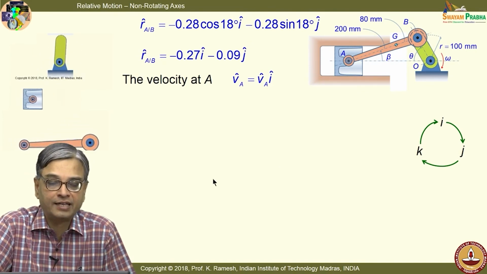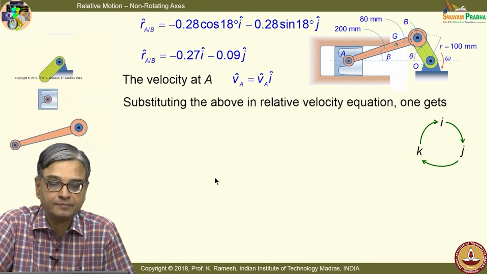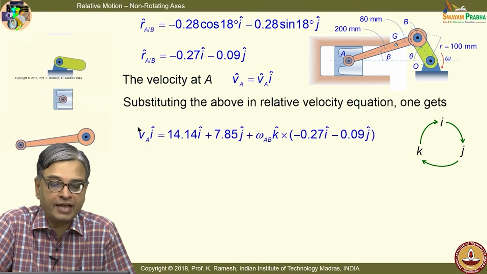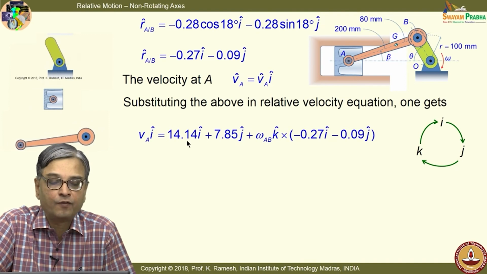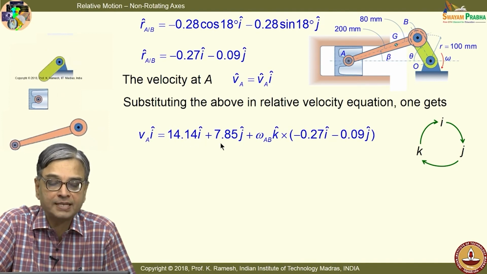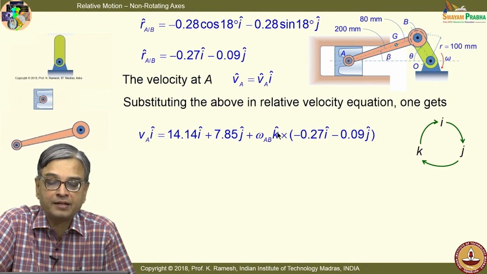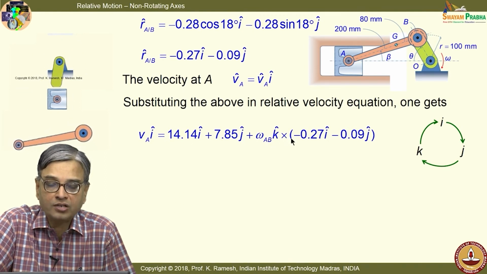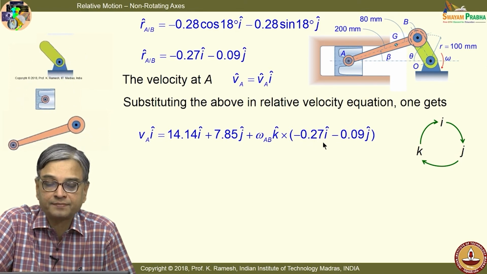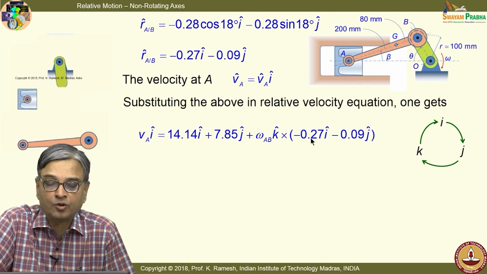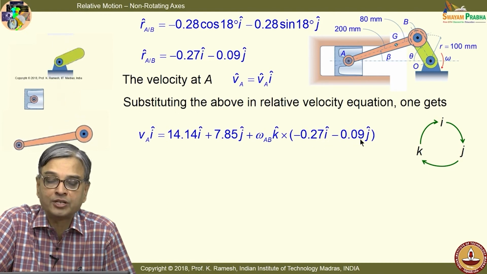So, I write the expressions. So, I write VA i equal to 14.14 i plus 7.85 j plus omega AB k cross the position vector minus 0.27 i minus 0.09 j.